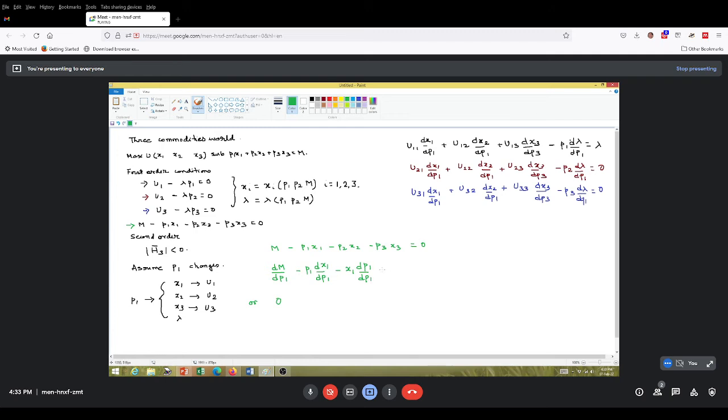Okay. So in a similar way, we can write P2 dx2. Let's put this in bracket. This is dP1, so I better put plus because I've taken minus 1 common.